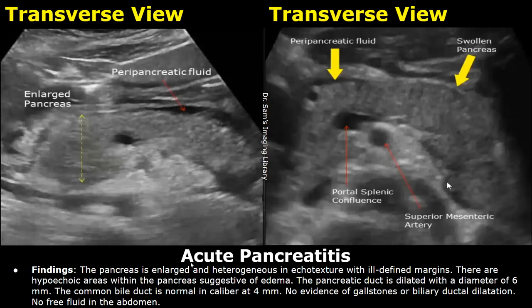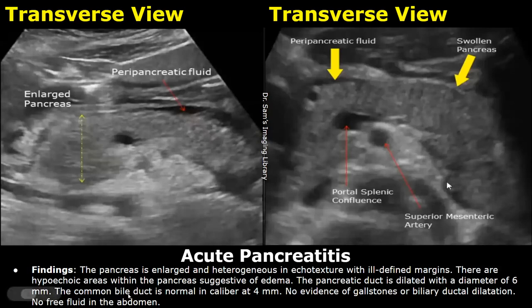There are hypoechoic areas within the pancreas suggestive of edema. After that, you can write whether the pancreatic duct is dilated or not. In this example, it was dilated with a diameter of 6 millimeters.